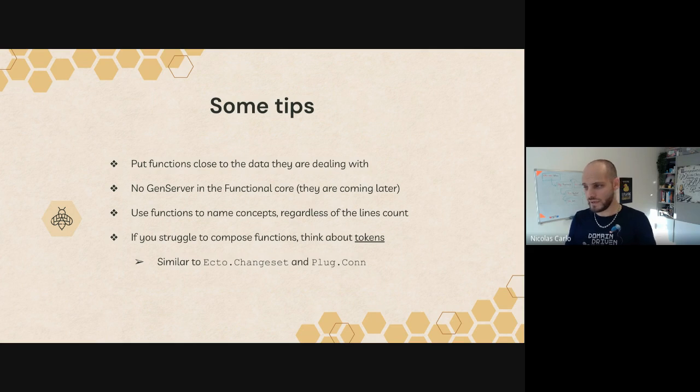And another piece of advice they give, and I think it was really good, there is a link to a presentation that was made about this, is to use tokens. So a token is something like the Ecto changeset or the Plug conn that you may be familiar with, like the connection. It's a struct that you pass around, and you make all of your functions accept this struct.